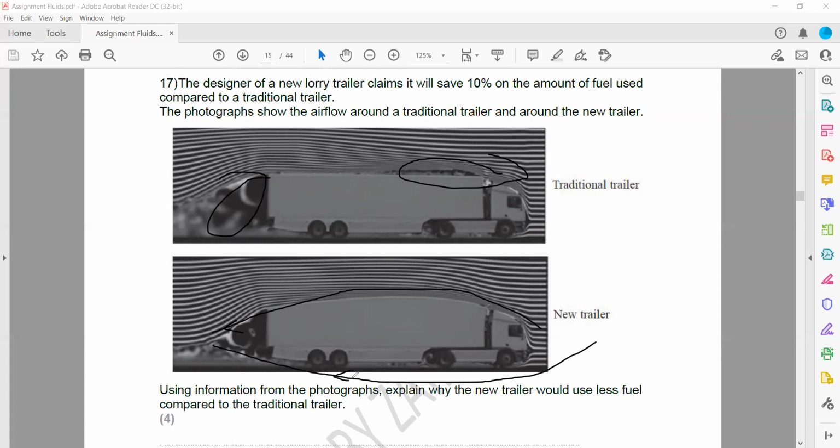The body is more streamlined, so it will have less air resistance or drag force. So it reduces the drag force, it will experience less air resistance.